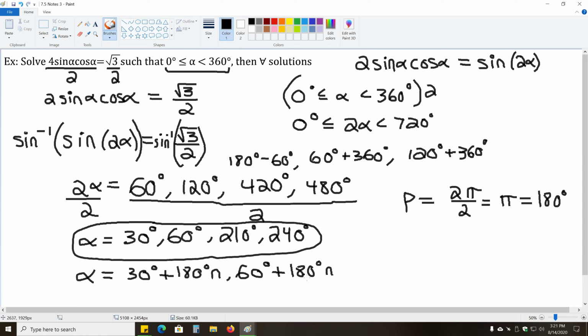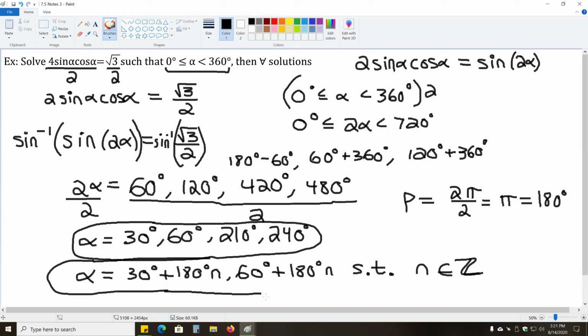And 60 degrees plus 180 degrees gives us 240 degrees. So writing 210 degrees plus 180 degrees n would just be rewriting this solution, which we don't need to do. So we can ignore these two since they already come up in these two values, and we can say such that n is in the integers. And this is our for all solutions answer.